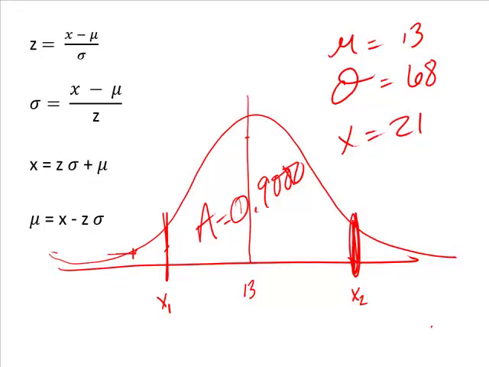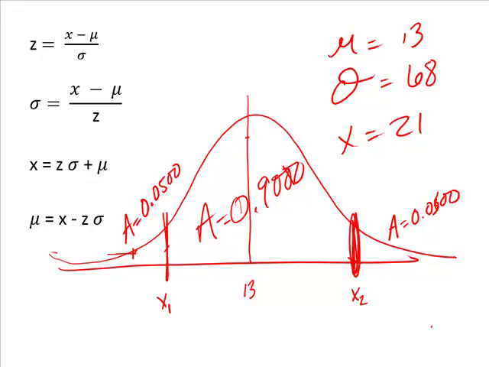I know that I need to find the two scores of x that give me the 90% in the middle. So, how much does that leave that I need to find over here? Why 5%, Jake? Because the tails are equally distributed as 5% pieces, so that the 10 plus the 90 in the middle is 100. Absolutely.